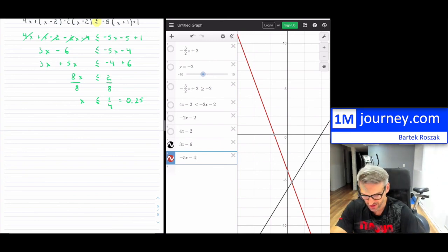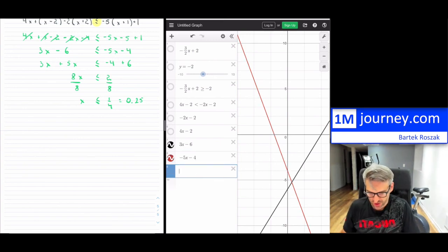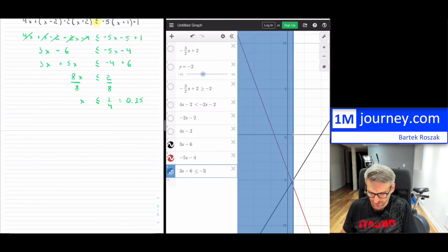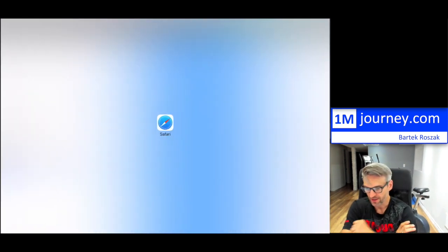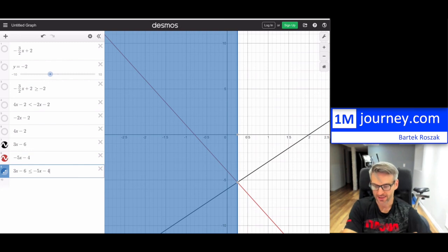That's what it's asking us. Okay, and you can see that visually, and you can also put that in here. So 3x minus 6 is going to be less or equal to negative 5x minus 4. And you see that highlighted there on Desmos, and that basically completes the last example.